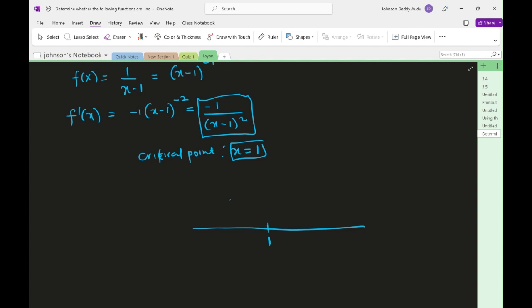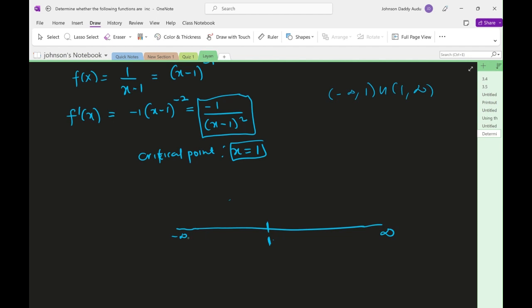It's very important. Remember, the interval is minus infinity to 1 union 1 to infinity, so we just leave out 1. Here means minus infinity, and here means infinity.